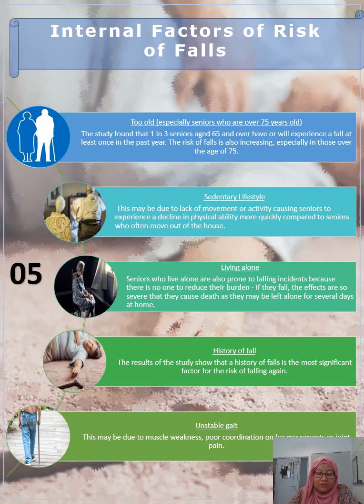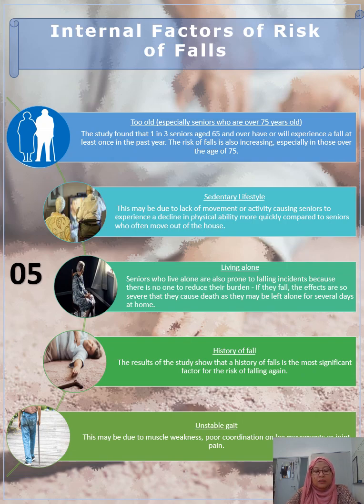Okay, so the results of a study showed that a history of falls, or having had a fall before, is the most significant factor for the risk of falling again. Because if you remember earlier, we have talked about the vicious cycle of falling.